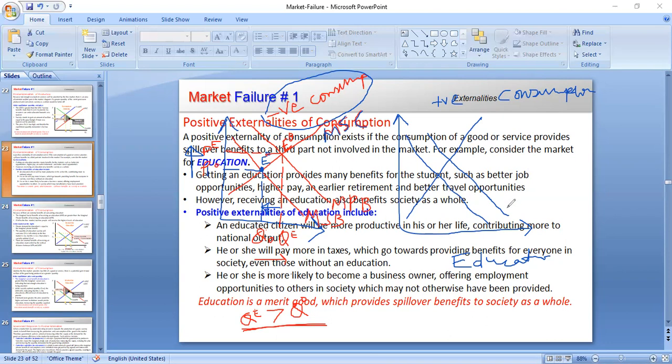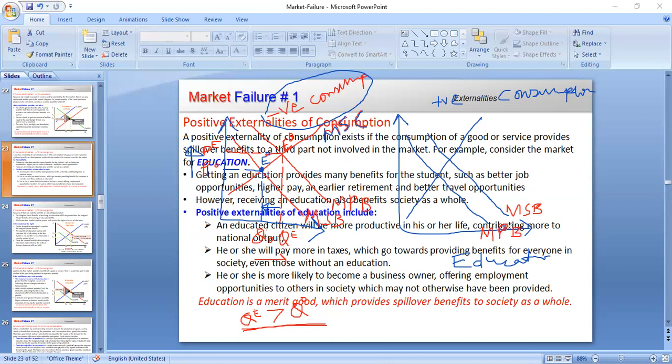Now here with positive externality, the marginal social benefit is going to be greater than the marginal private benefit. We are just interchanging. What has been up, we put it down. So here the marginal social benefit is going to be above, greater than the marginal private benefit.